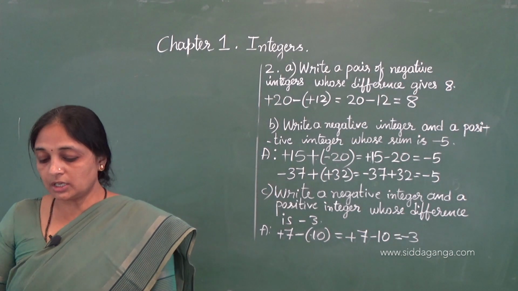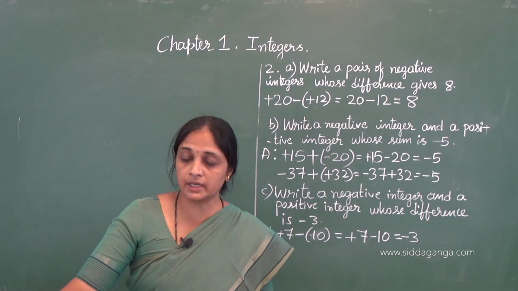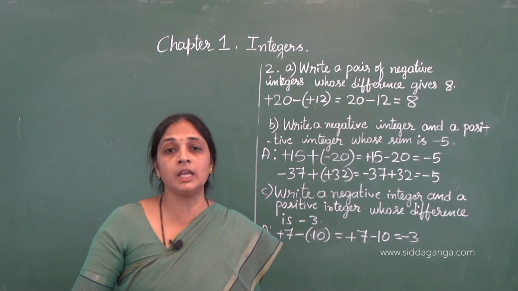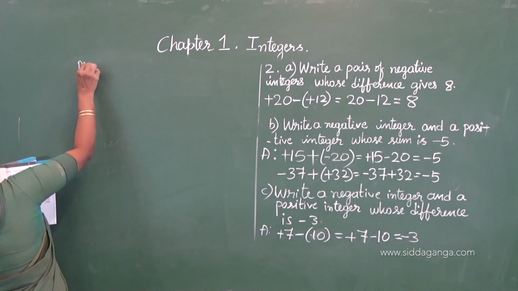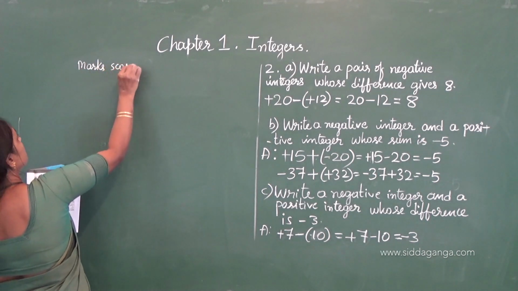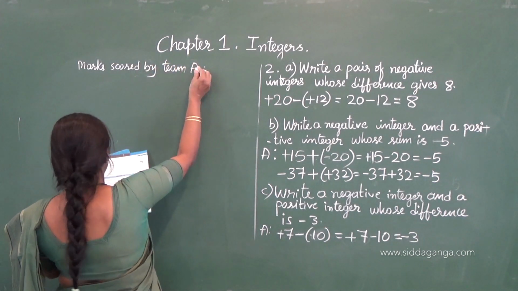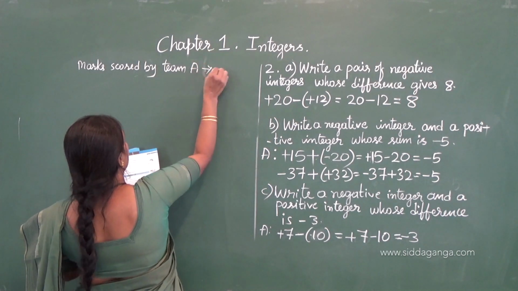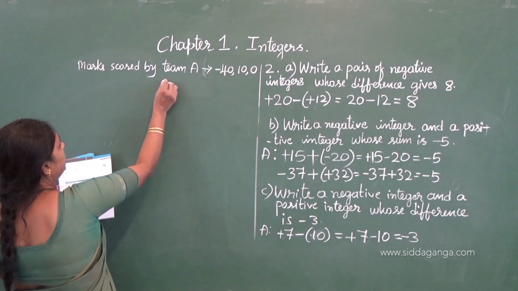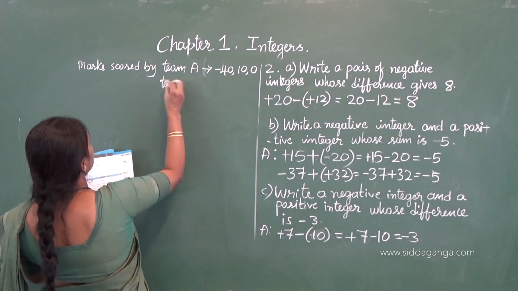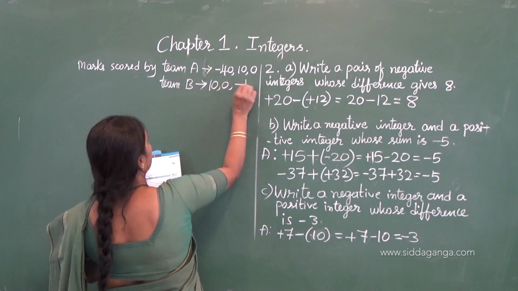The question given is that a quiz was conducted for two teams, Team A and Team B, and the marks scored by Team A are as follows: minus 40, 10, 0, and the marks scored by Team B are 10, 0 and minus 40.